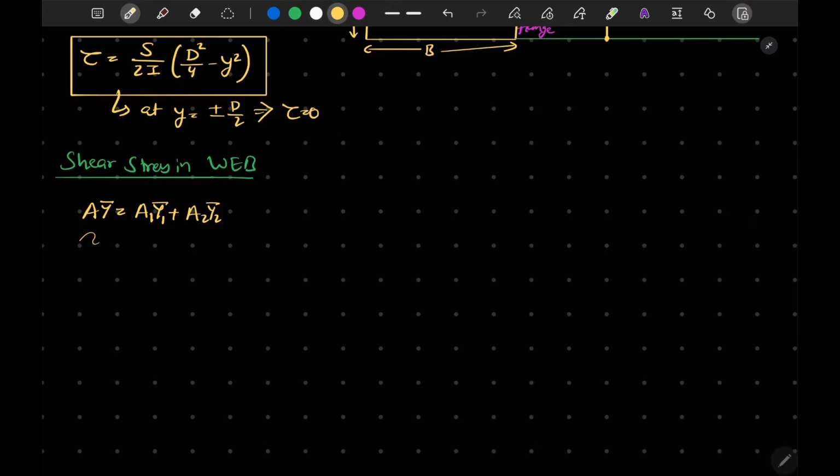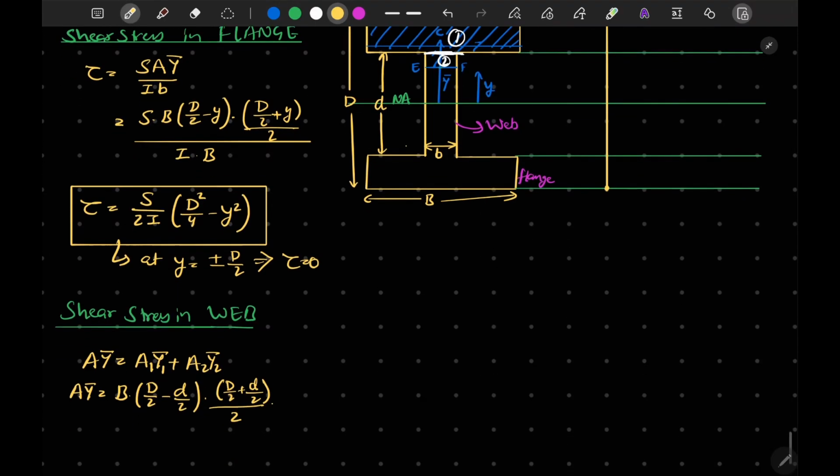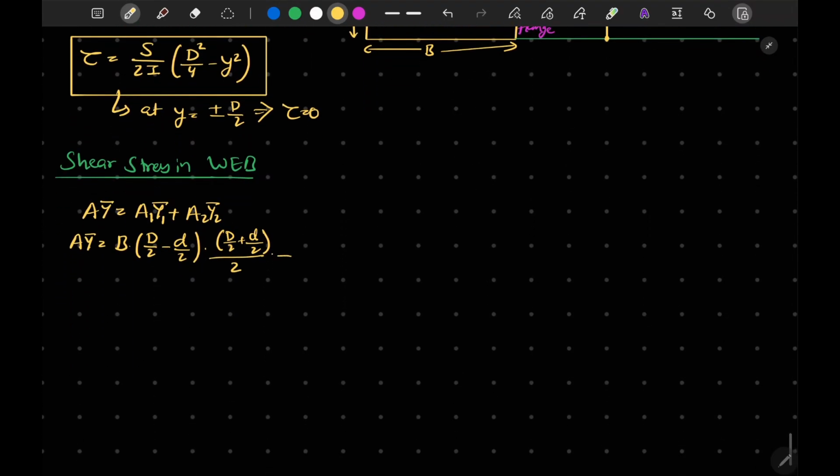Similarly, we can write that A y bar is equal to the area of the flange, b into d by 2 minus d by 2, and this is our A1. Into y1, which can be written as d by 2 plus d by 2 by 2, the average of this.